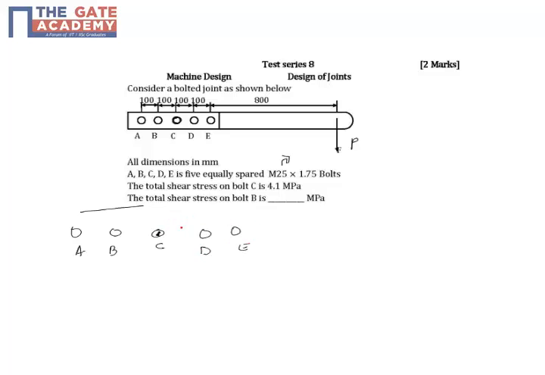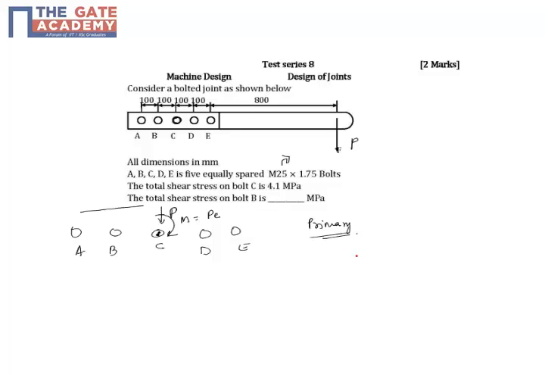And now at this CG, we try to resolve this load P. So P acts like this, and it also produces a moment M equal to P times e. We need to get the stresses due to the load P as well as the shear stresses due to the moment M. We call the shear stresses due to moment M the secondary shear stress. So first let's get the primary stress.